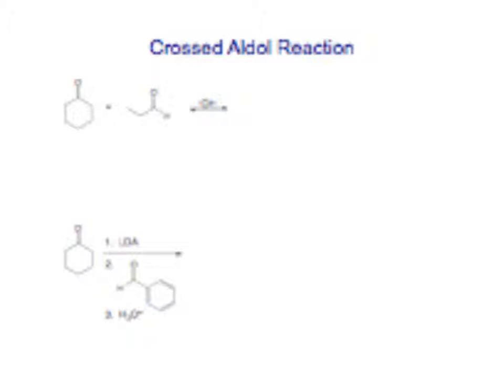They both have alpha positions that can be deprotonated to form enolates. They both have carbonyls that can act as electrophiles, right? And so we could essentially couple these in how many different ways? Four different ways, right? So let's just draw out what the four different ways would be.